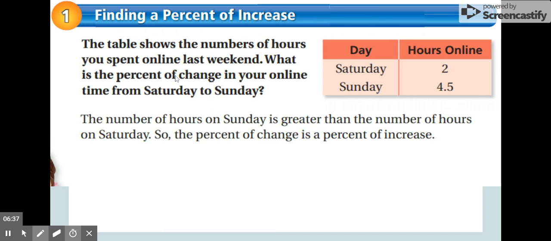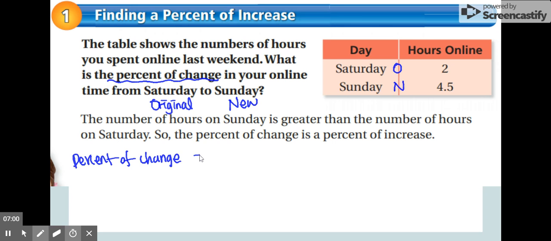From Saturday to Sunday. So Saturday is going to be original, and Sunday is new. This is original and this is new, right? So now we want to find the percent of change. What was the definition of percent of change? You compare change to the original. So change from Saturday to Sunday, you have to subtract 2 from 4.5.